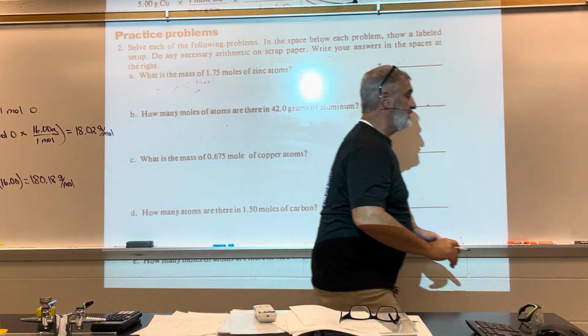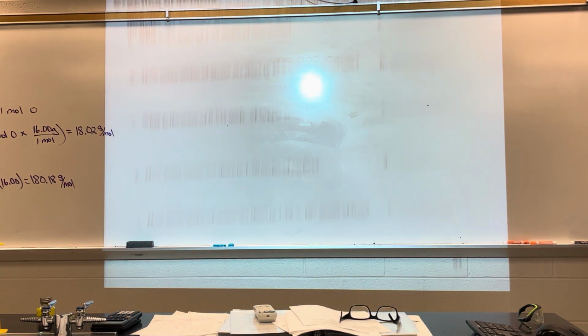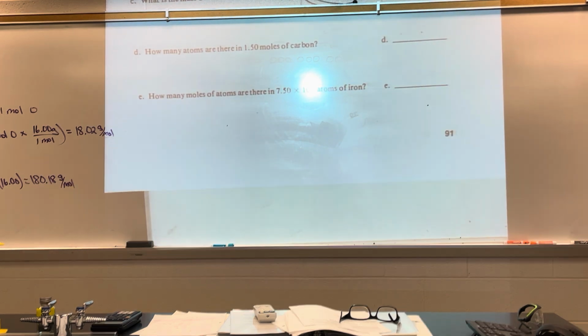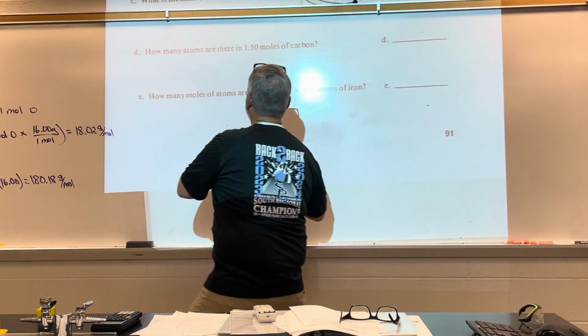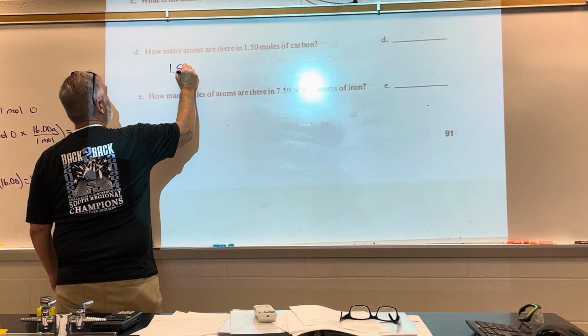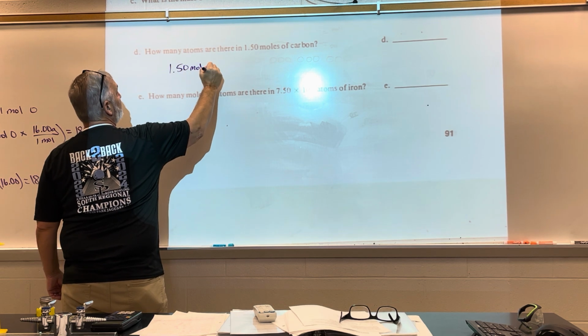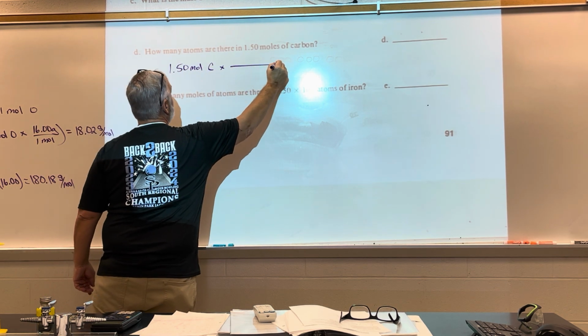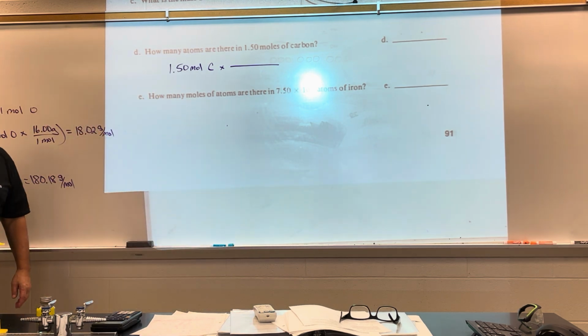So now when we go to the D, how many atoms are in 1.5 moles? So I start with 1.50 moles of carbon, but now I want to go to atoms. So what's my conversion factor between moles and atoms?